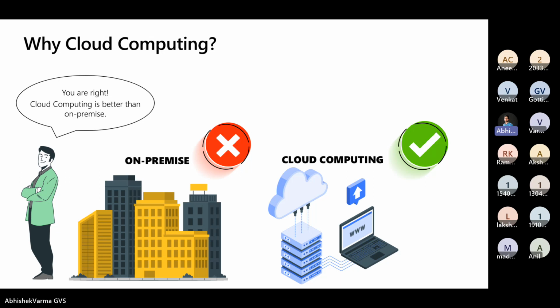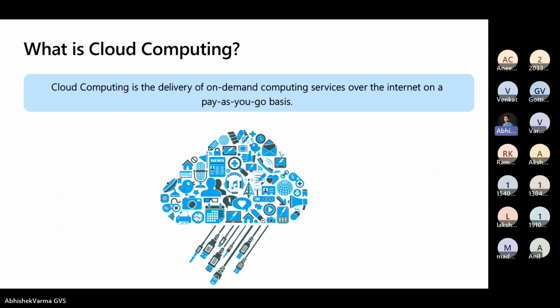As you can see from the below mentioned features, cloud computing is better than on-premises. What is cloud computing? Cloud computing is to deliver on-demand computer services over the internet using a pay-as-you-go model.